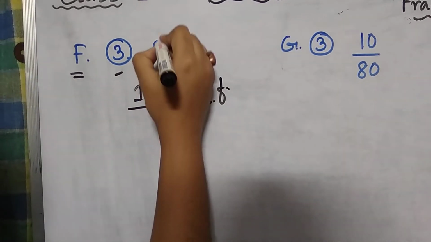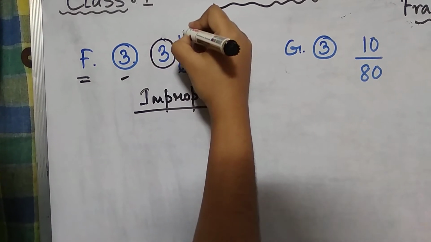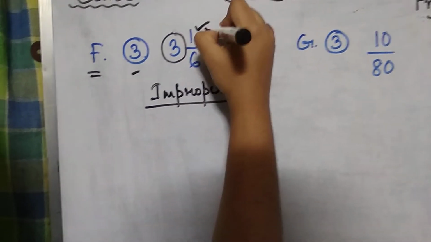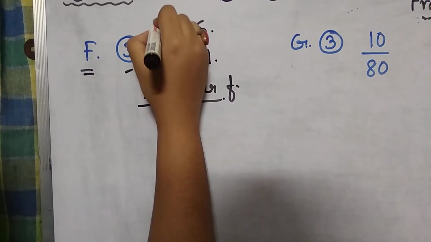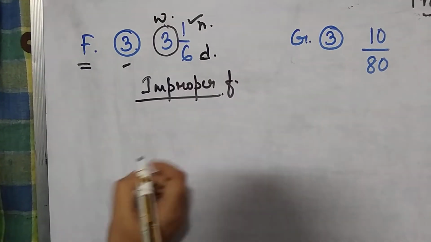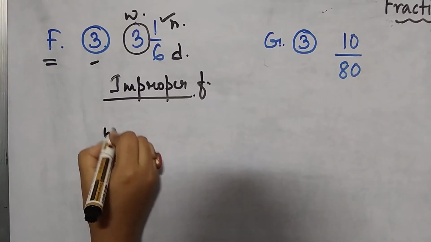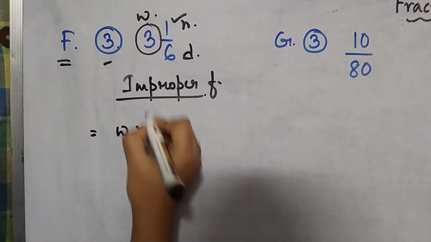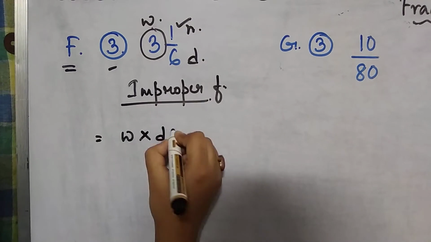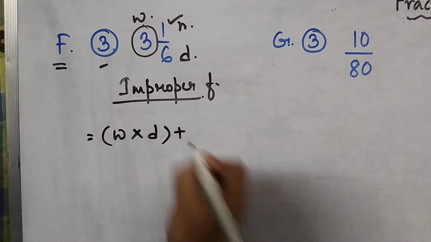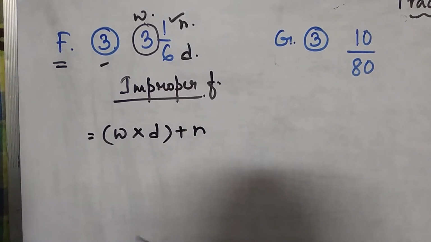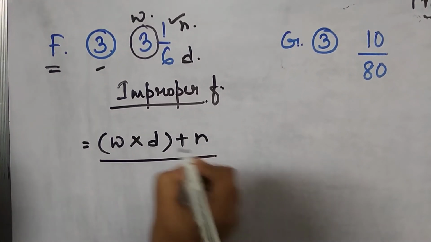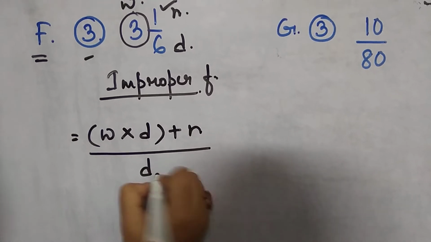First, this is the whole number and this is the numerator. Let's say this is the N and D, denominator, and this is the whole number. The formula is: multiply the whole number with the denominator, then add the product to the existing numerator, and then the denominator will remain intact.